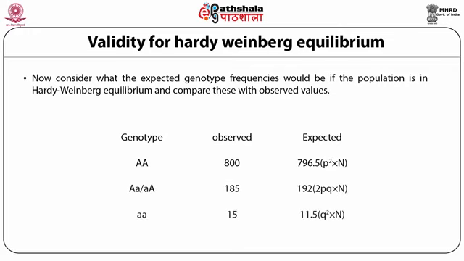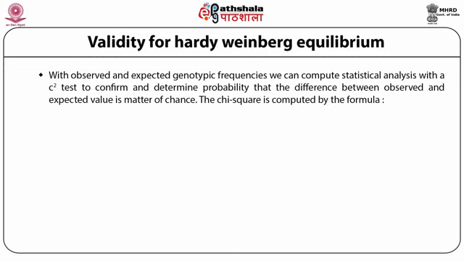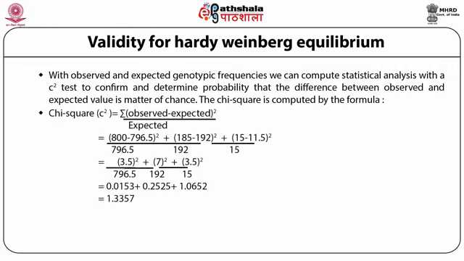Likewise, we can calculate the expected genotype frequency for heterozygous capital A small a individuals and homozygous small a individuals. With observed and expected genotypic frequencies, we can now compute a statistical analysis with the chi-square test to determine the probability that the difference between observed and expected values is a matter of chance or not. The chi-square is computed by the formula: summation of observed minus expected, squared, divided by expected.